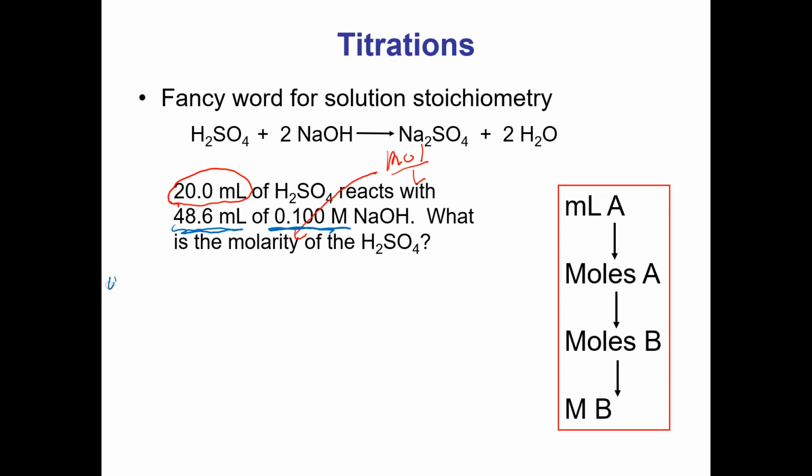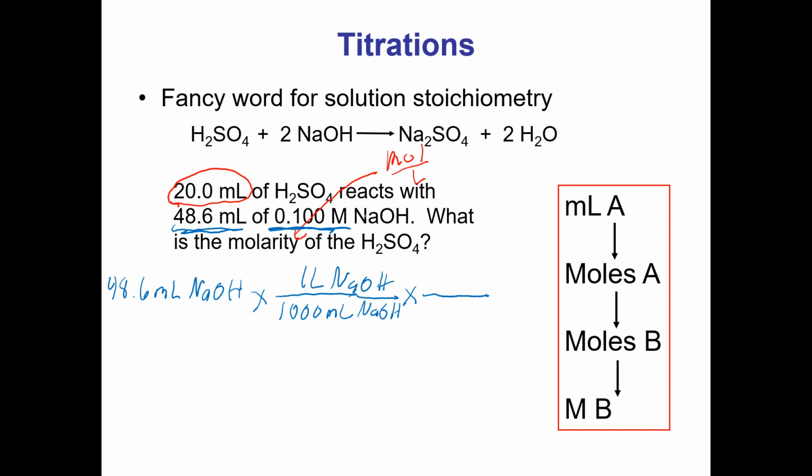So I have 48.6 milliliters of sodium hydroxide, and I know that molarity is moles per liter, which means that I need to convert milliliters to liters. So there's 1,000 milliliters per 1 liter. And then, according to my problem, I have 0.100 molar sodium hydroxide.